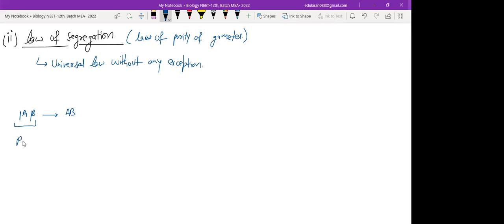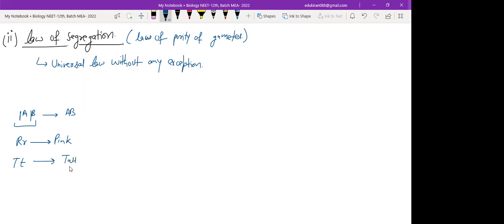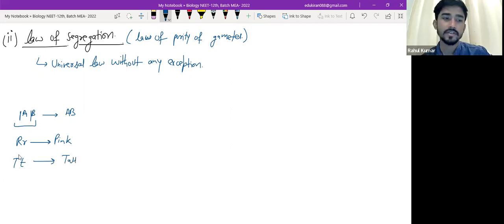When capital R and small r were present together, what was the flower color? Pink, incomplete dominance happening. When capital T and small t are present together, what is the height of the plant? Tall, because it just follows the rule of dominance. In all these three cases, somewhere it is codominant, somewhere incomplete dominance, and all three are heterozygous conditions, yes or no?